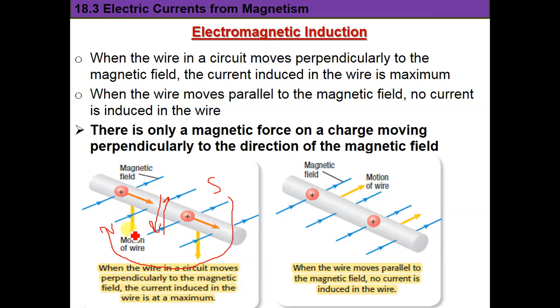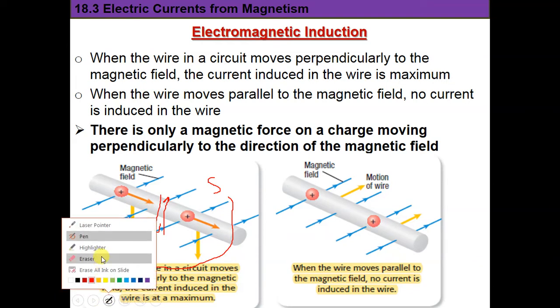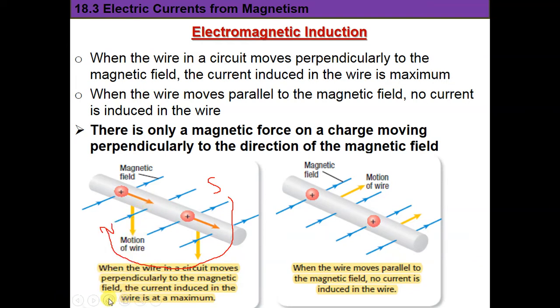This yellow arrow shows the motion of the wire. In this case you are crossing the field lines. The field lines are parallel, the blue lines. When you move this wire in and out, you are crossing the field lines, you are changing the magnetic field.